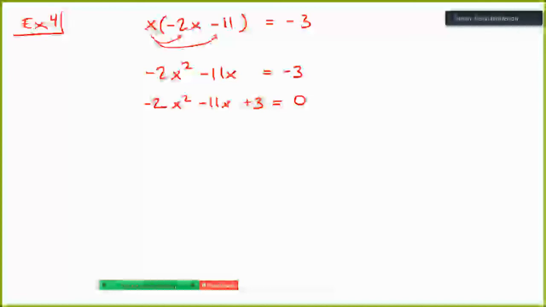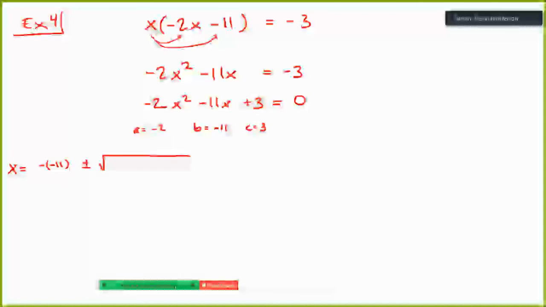So don't be too freaked out if you're given something like how it started here. A little bit of work, and we've got it ready to start. A is negative 2, B is negative 11, and C is 3. All right. X is negative B, which is negative 11. Look out for those double negatives.